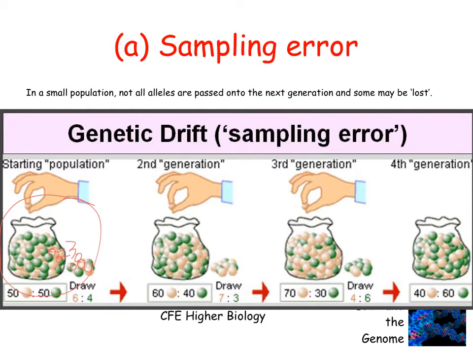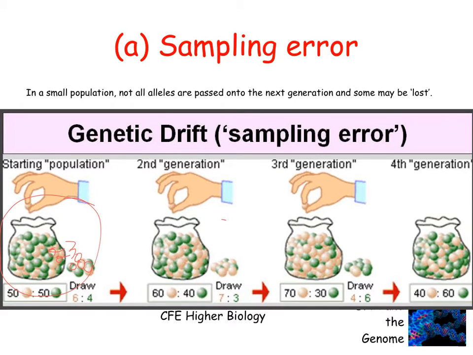And so you can think of this in terms of, if you've got a small population, it's maybe a case of the green sperm fertilising only green eggs, or the beige fertilising only beige eggs, and this time round more beige sperm have fertilised more beige eggs because it's just a matter of chance.